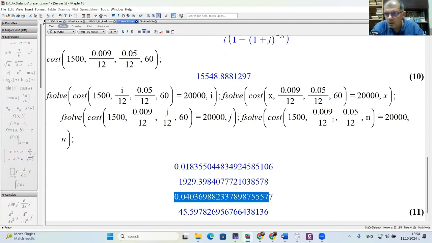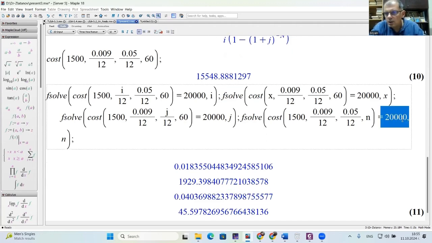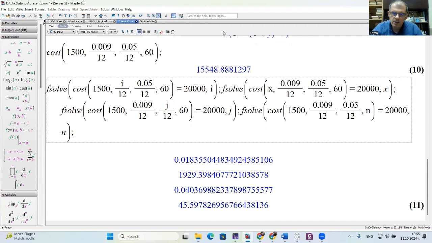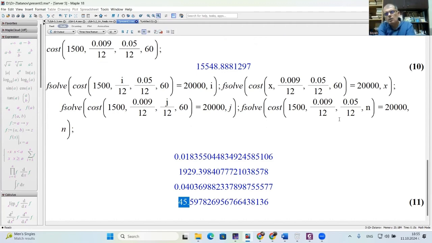And the final is how many months needed to be paid so that to optimize the payment with the same numbers, it says that 45 months is the middle where there is no distinguishing between paying the whole amount of money with a discount or paying it in small future payments. Thank you very much.